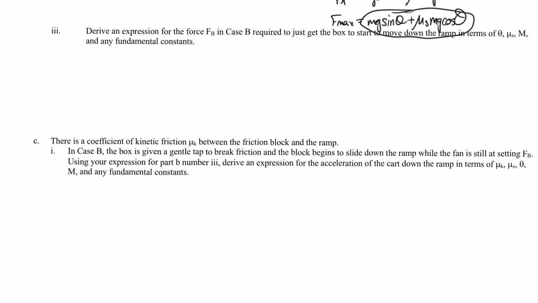I am not redoing all the work. It's just going to be mg sine theta plus the force from the fan minus friction. It's got to be equal to 0. There's no reason to redo the work. So static friction is equal to mg sine theta plus FB.